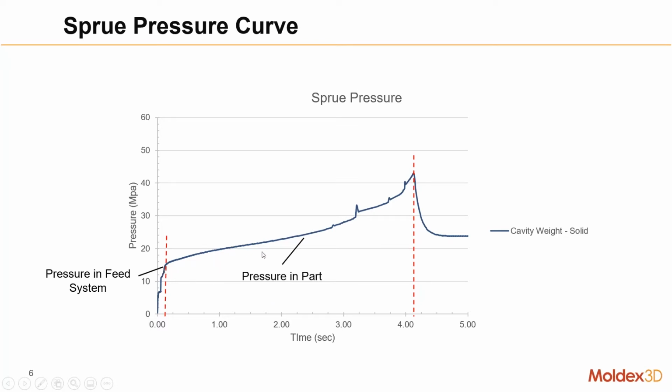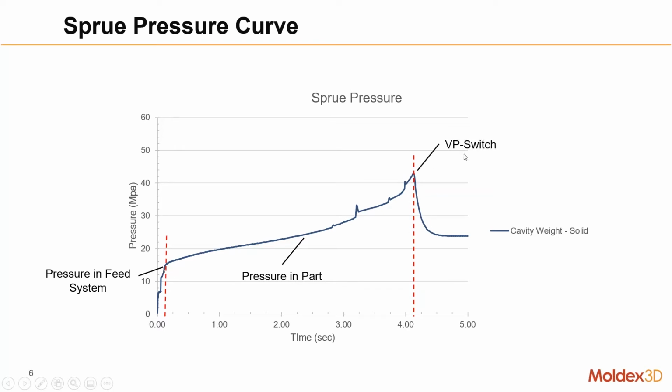Everything after this is going to be the pressure in the part, up until this peak. This pressure right here is typically where you get your values from if you've ever looked at a single value of pressure. This peak injection pressure or maximum injection pressure is a value which is typically given by most molding machines.